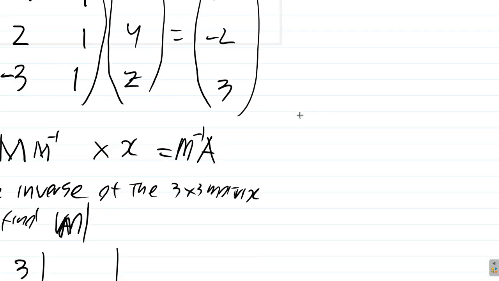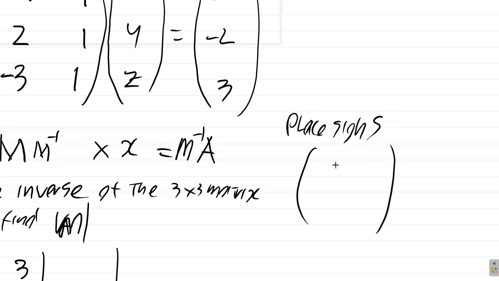You have this thing they call the place signs. You have plus, minus, plus, minus, plus, minus, plus, minus, plus. You start with a plus. And you will not have a plus beside another plus, or above or below it. Same thing with the minus. You won't see a minus beside another minus, or above or below another minus, right?